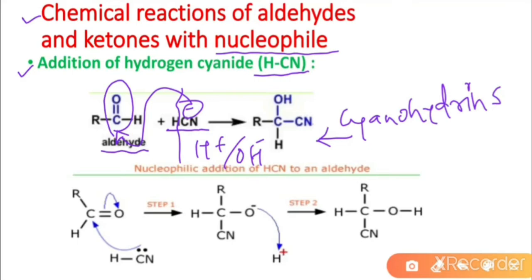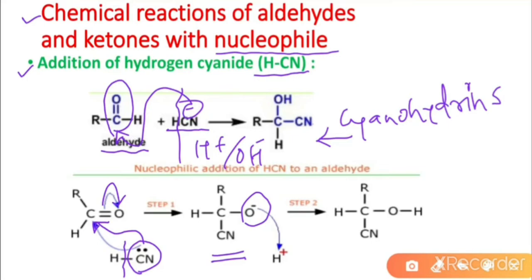First step, formation of intermediate alkoxide, in which first hydrogen cyanide breaks to give CN minus, and CN minus attacks the carbonyl carbon atom, and the pi bonded electrons are transferred towards oxygen, and formation of alkoxide takes place.